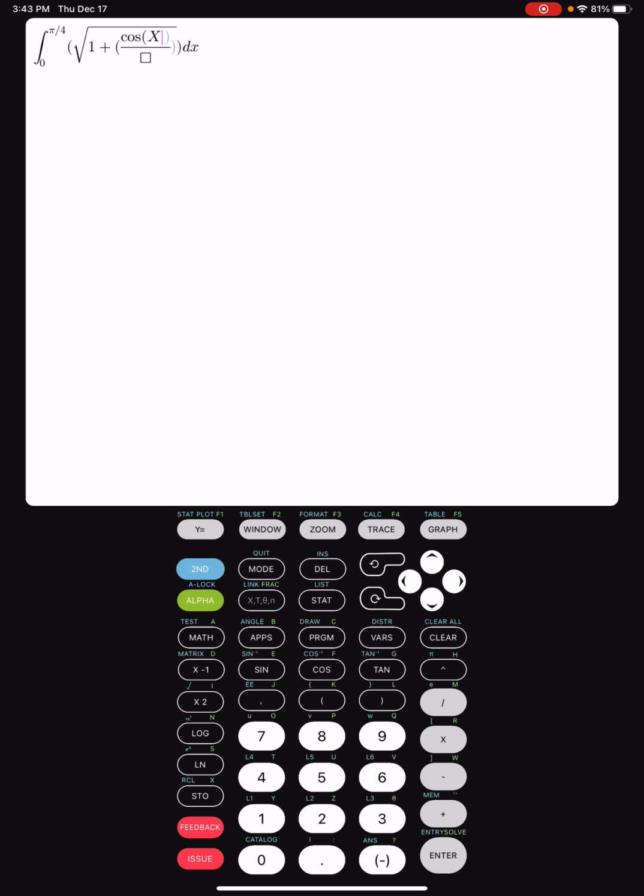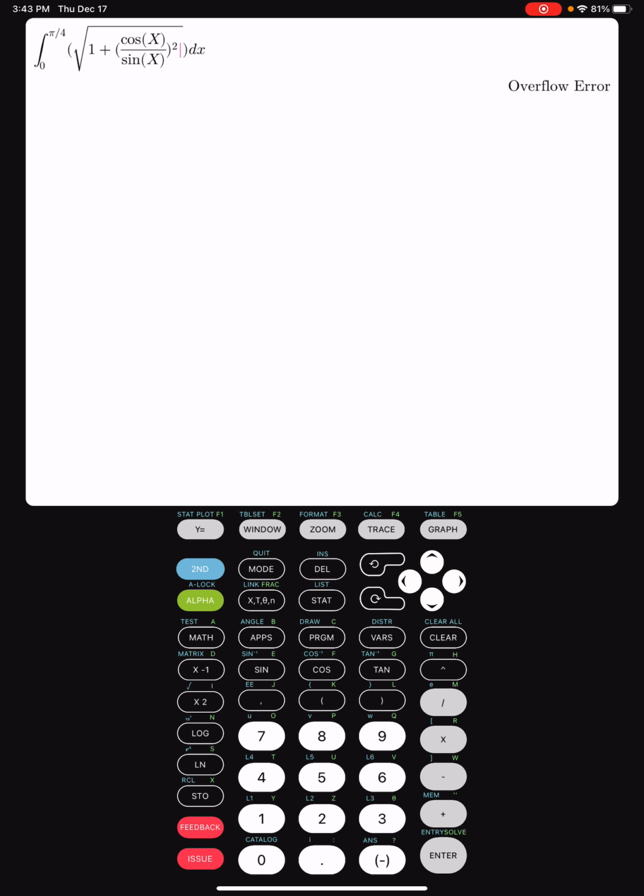Cosine of x over the sine of x. Nope, not the tangent. Delete. Sine of x. And then don't forget that whole thing that we just put in, it's the cotangent squared. So that whole thing right there needs to be squared. And I think that's everything, right?